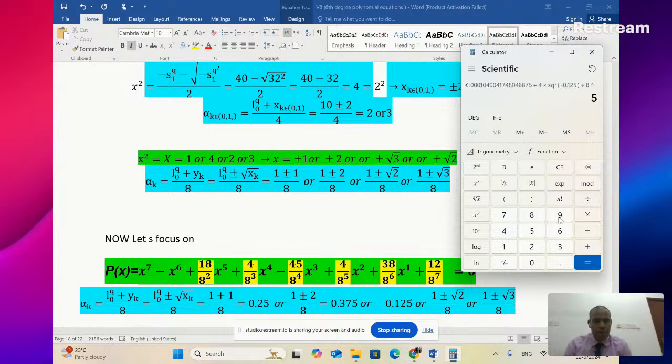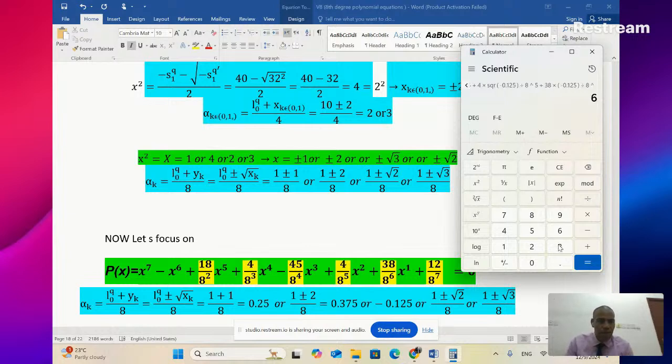Okay, plus 38, plus 38 times, between parentheses, the root, meaning negative 0.125, divided by 8 raised to the power 6.